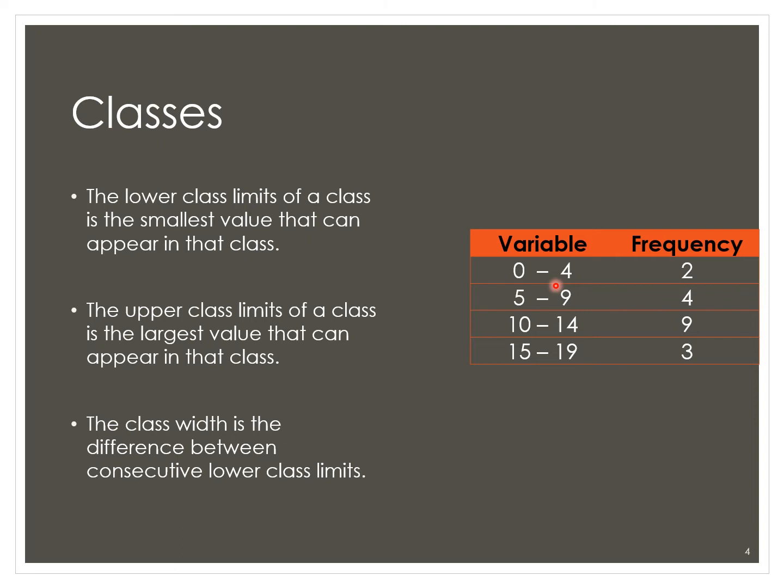And you can check that for each class, the class width is 5. Let me demonstrate one more time for the third class. If you count from 10 until 14, there are 5 values: 10, 11, 12, 13, 14. So that is class width.